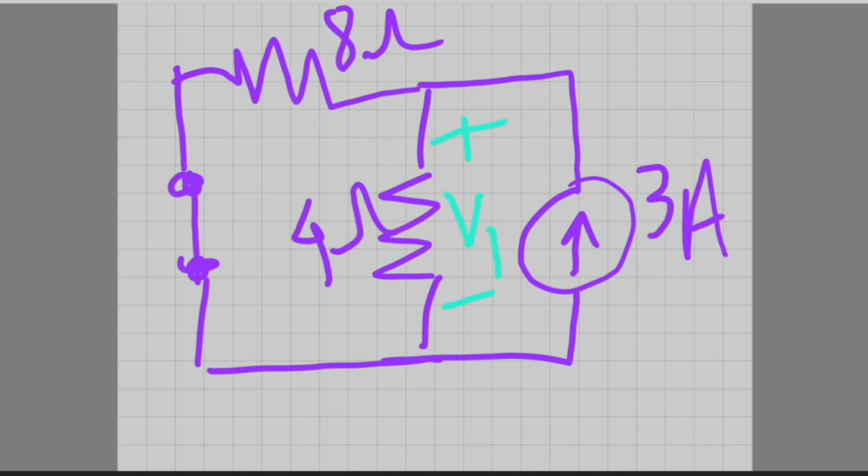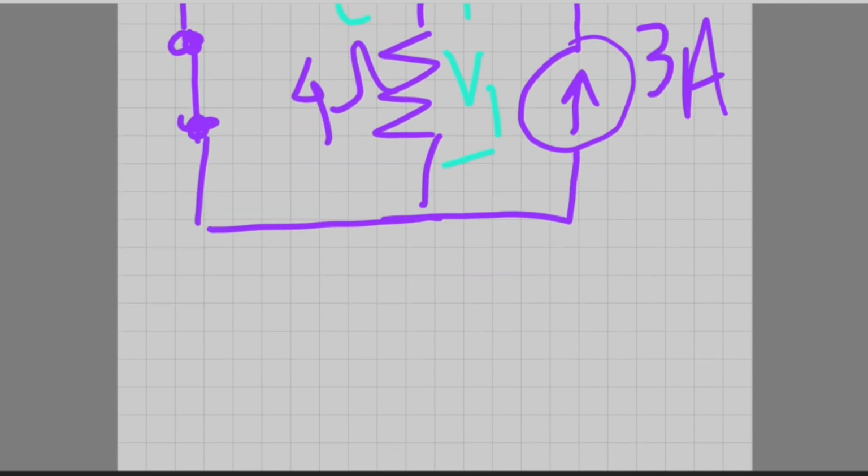Now to find this V1, we first have to find the current I through the 4 ohm.